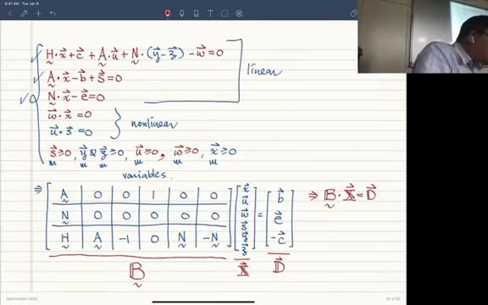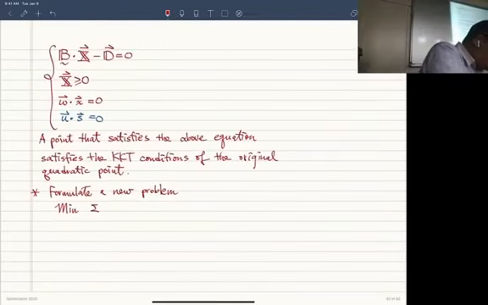A, B, C, D, E. We had E, F, G, H, I, J. We have never used K before. Yes, let's use a bunch of capital K. So what does K mean? K means K1 plus K2 plus blah, blah, blah. A lot of Ks, okay?